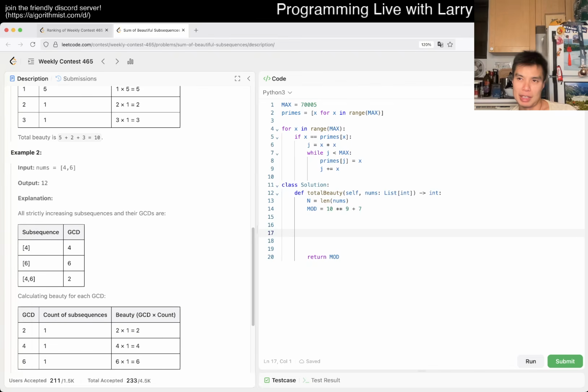What if you have 466? And you can't even dedupe them because you could have 4646 or something. And then now what do you do?